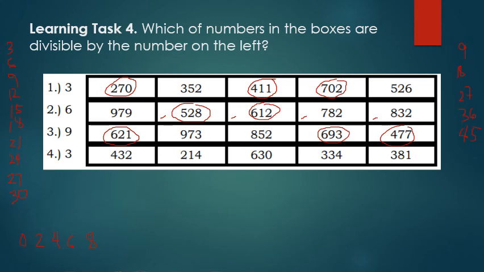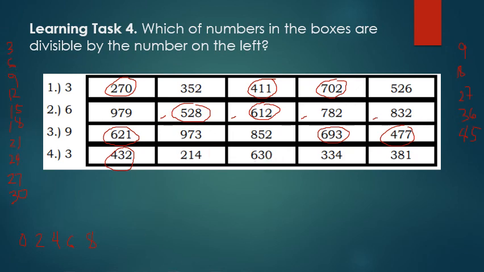Balik ulit tayo sa number 4, divisible sa 3. So, dito ulit tayo titingin. Okay, so 4 plus 3 is 7 plus 2 is 9. So, ayun. Okay, so next, 2 plus 1 is 3 plus 4 is 7. So, wala naman dito. So, hindi siya divisible sa 3. 6 plus 3 is 9 plus 0 is 9.